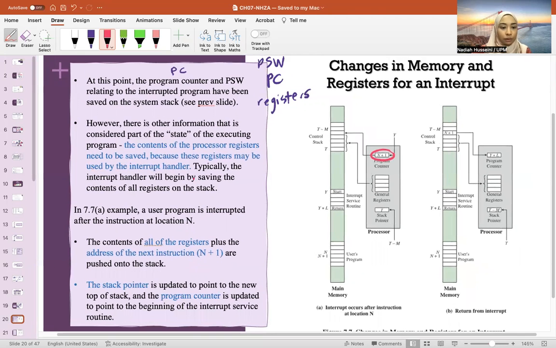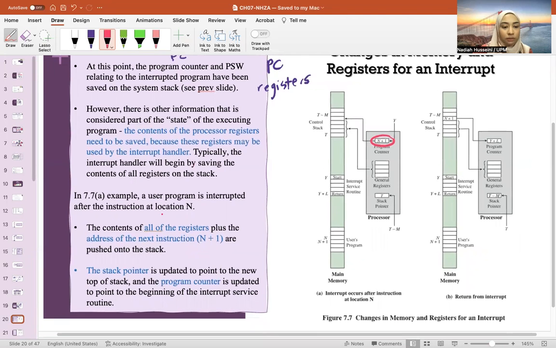So the contents of all the registers plus the address of the next instruction N plus 1 are pushed onto the stack. This is just repeating what we talked about just now.